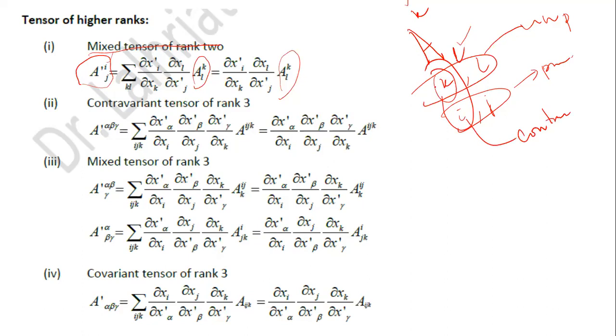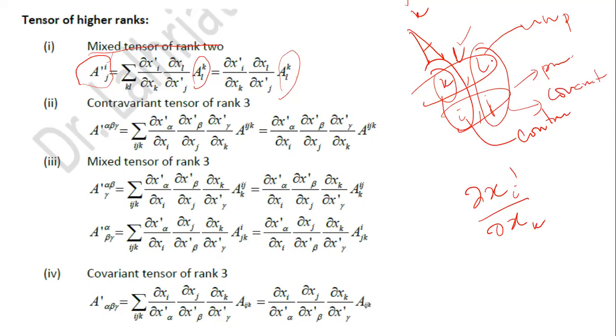If k and i are contravariant, then the corresponding transformation coefficient will be del xi prime upon del xk. Here you see that L is the covariant index, and j is the corresponding covariant index. So they are covariant indices.